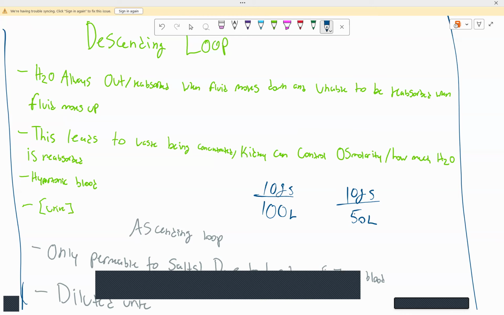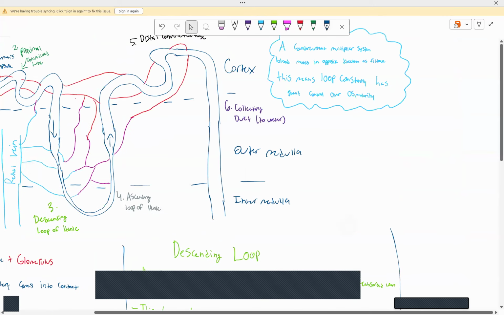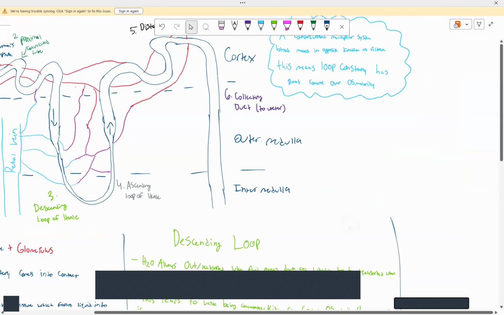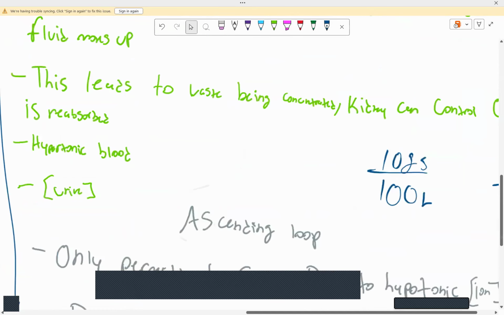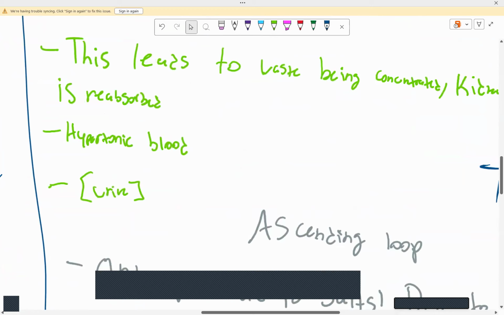And also, going back to what I was saying up here, it's a countercurrent multiplier system. So your blood is hypertonic. Hyper means excess, whereas hypo means you're lacking. When you have hypertonic, tonic kind of sounds like ionic, so you have a lot of ions in your blood.